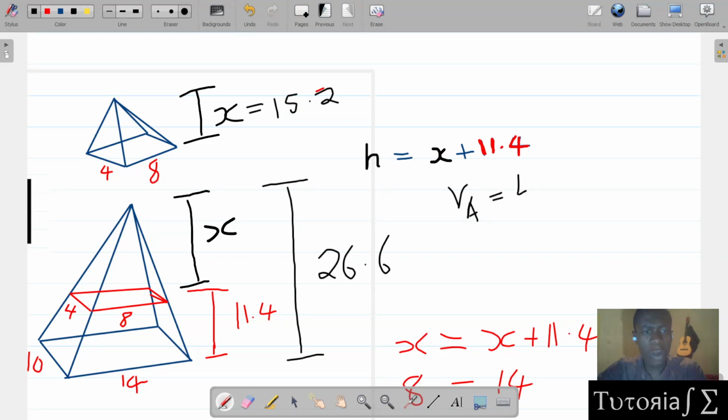We know volume is base area times height. In this case, the base area of this one is a rectangle. How do you find the area of a rectangle? You just L times B. So that is 10 times 14 times the height, which is 26.6.